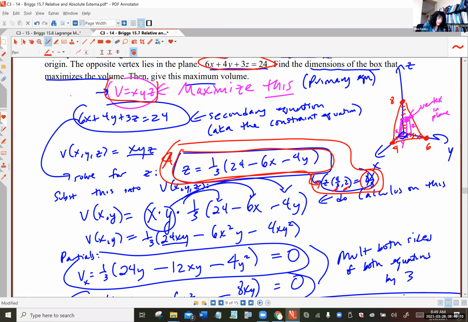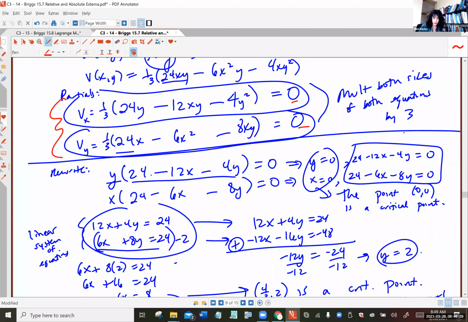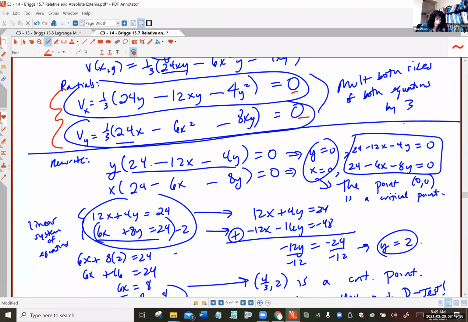And so we did have this constraint, and we used the constraint, solving it for z, which helped us reduce the volume equation to a function of 2 variables. And then we found the Vx and the Vy, and we set them simultaneously equal to 0. And we actually found a couple of critical points. 0, 0 was one that we didn't want to deal with because we didn't want our box to have 0 dimensions.